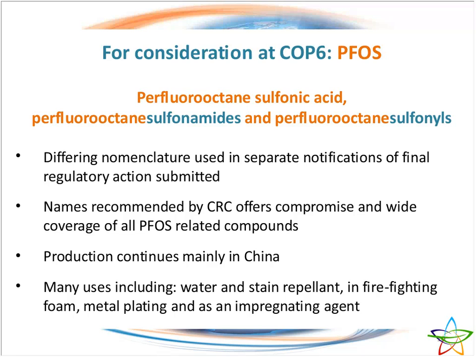The production continues mainly in China, so China is actually the main producing country, and there are many uses including water stain repellent, firefighting foam material, plating materials, and as impregnating agents. This is the case of PFOS for the Rotterdam Convention. So in the next COP, we will be having 4 chemicals.